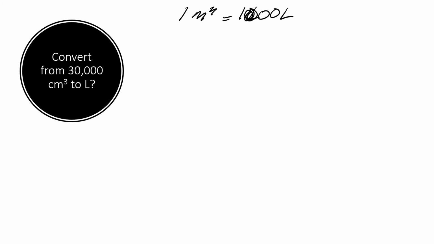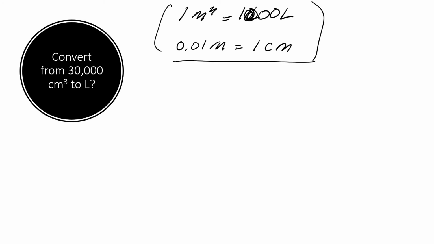And how do we get from meters to centimeters? We'll say 0.01 meters equals 1 centimeter. Okay, so we have those two conversion factors. And we're going to apply those to do this conversion over here, 30,000 cubic centimeters to liters.